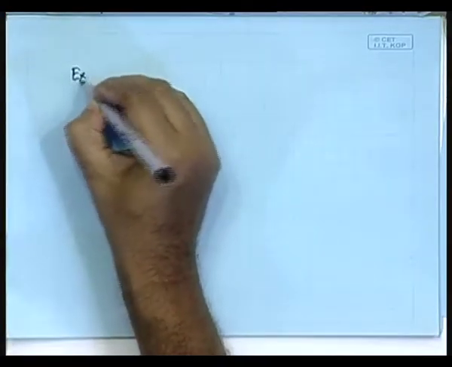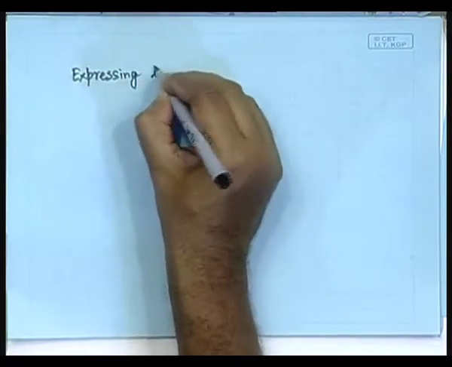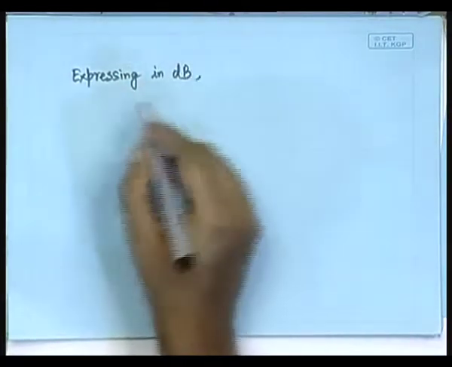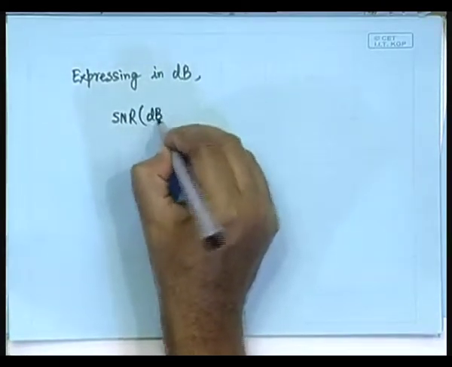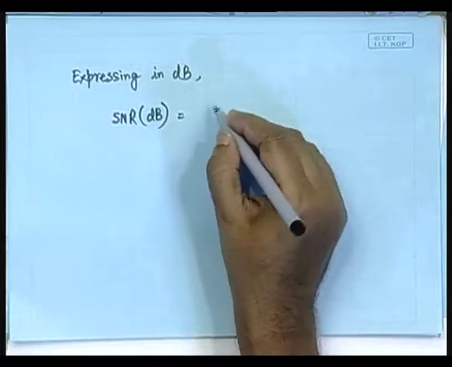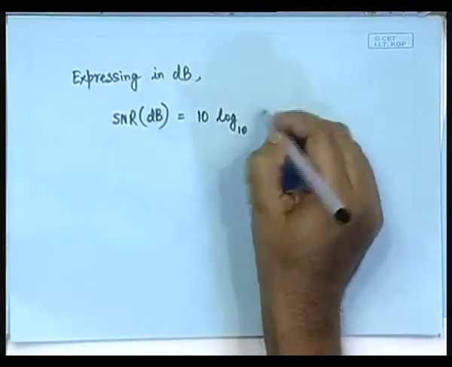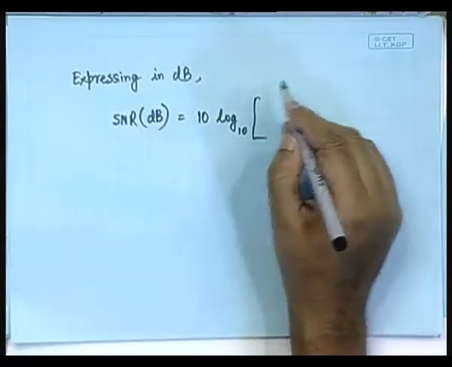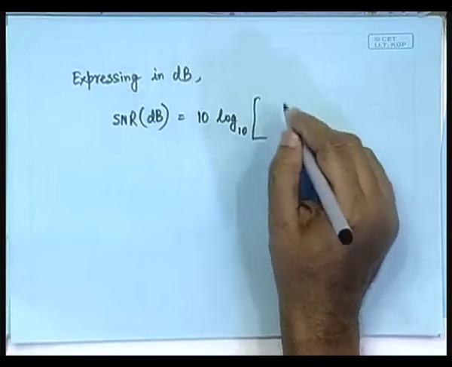So, expressing in dB, we can write the SNR, and let us write within bracket dB. SNR dB would be 10 log to the base 10 of this signal to noise ratio, and this is already expressed in terms of the power.